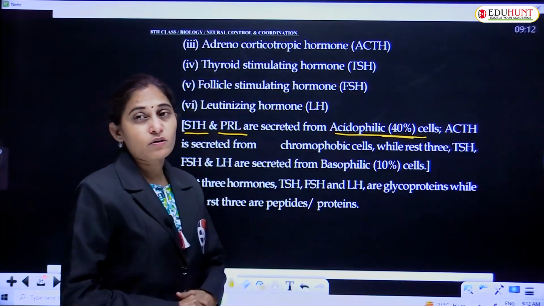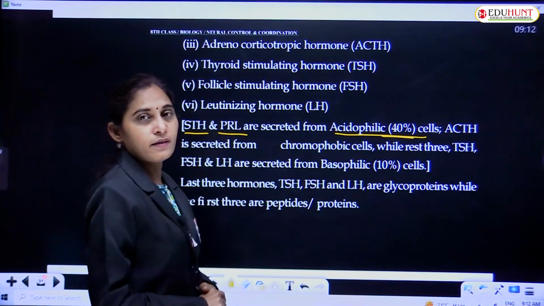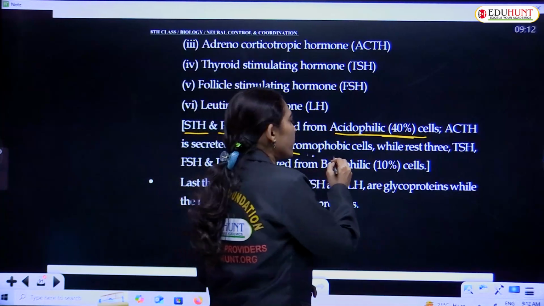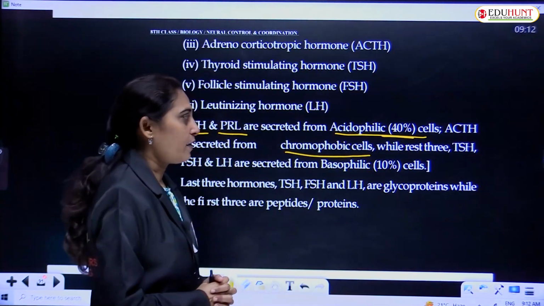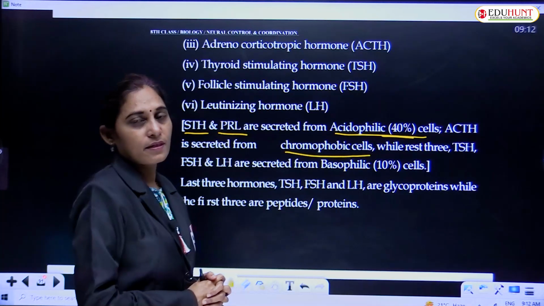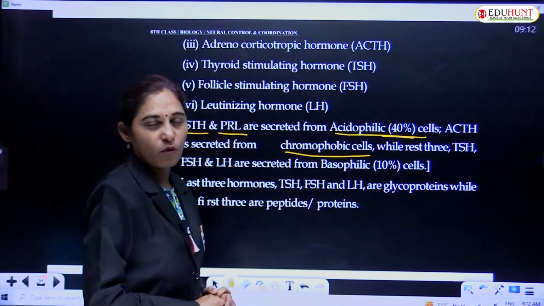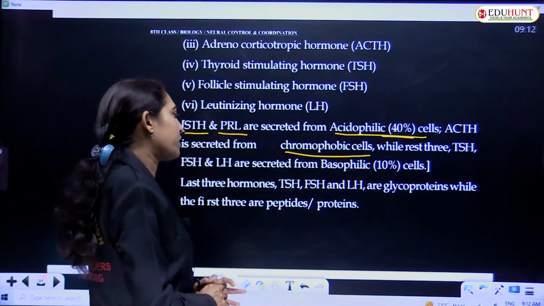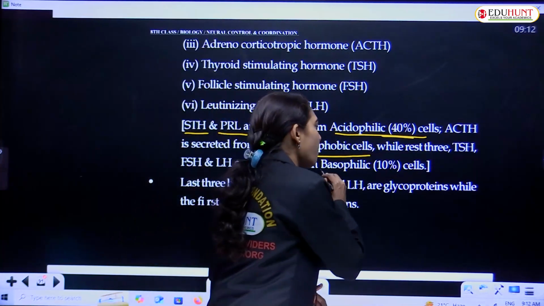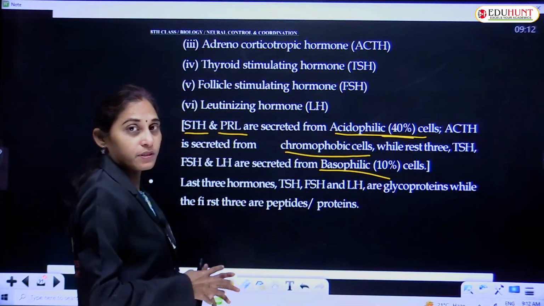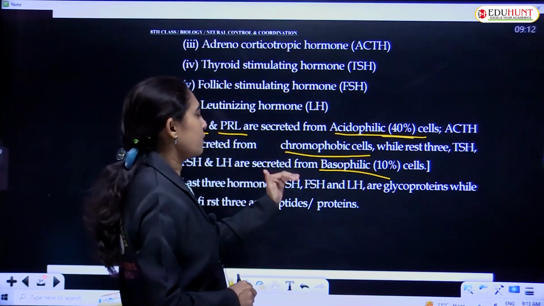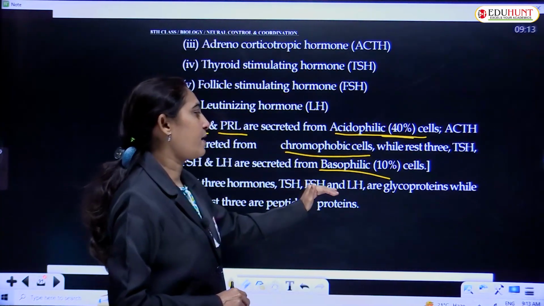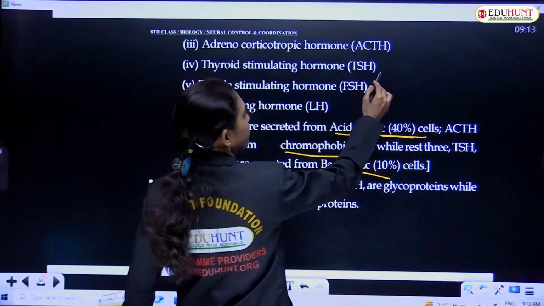Adrenocorticotropic hormone is secreted from chromophobic cells, while the rest of the 3, that is thyroid stimulating hormone, follicle stimulating hormone, and luteinizing hormone, are secreted from basophilic cells, 10%.